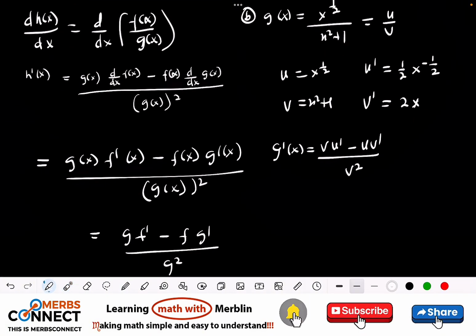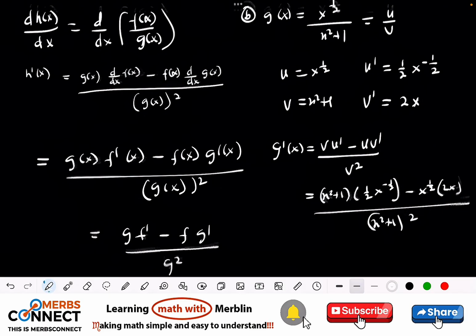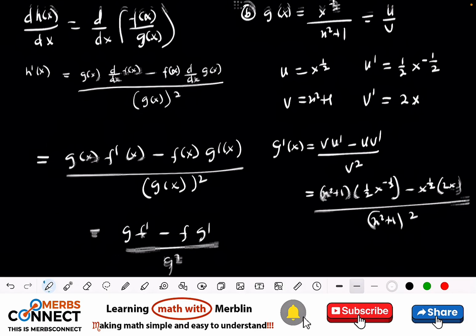So I just put them in. v is x squared plus 1. u prime is 1 over 2 x to the power minus 1 over 2, minus u, which is x to the power 1 over 2, and then v prime is 2x, divided by v squared, but v is x squared plus 1, and I'm done. Very simple. Very, very simple.